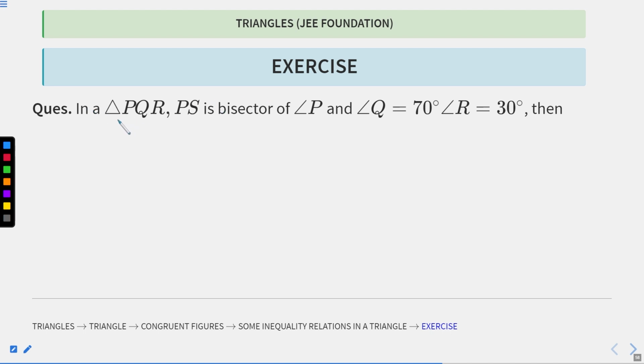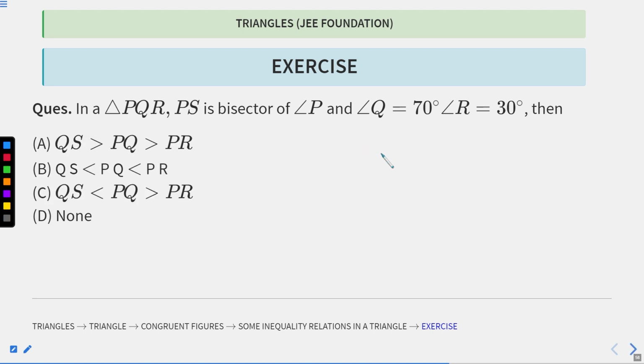In a triangle PQR, PS is a bisector of angle P. Let me draw a triangle PQR. In PQR, the angle Q is equal to 70 degrees, and my angle R is 30 degrees.